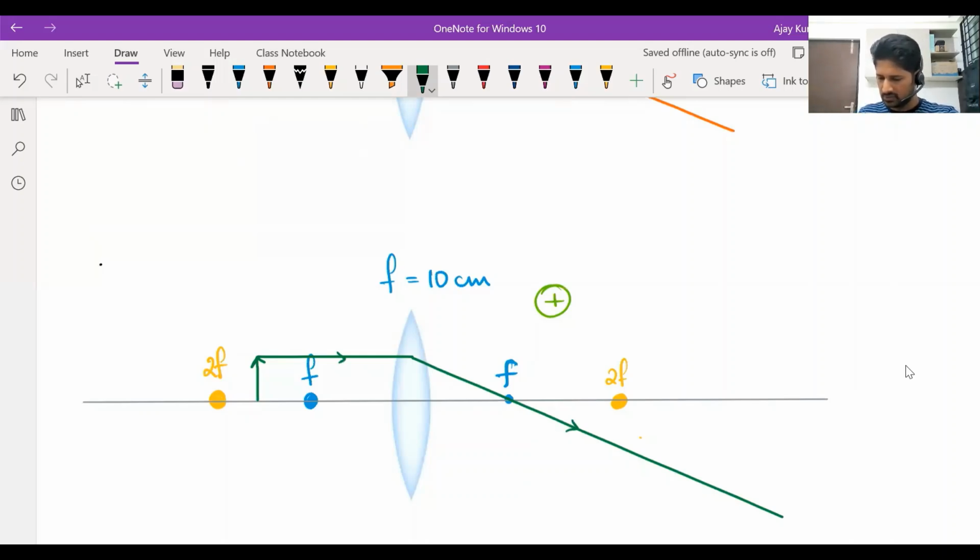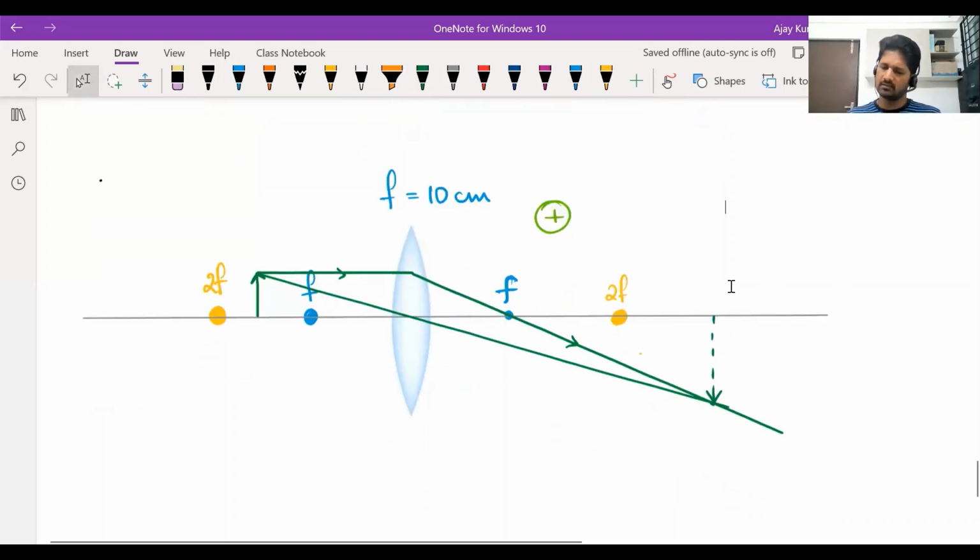Another ray goes directly through the optical center and passes without any deviation. And these two rays meet somewhere here. This is where the image forms. Enlarged image. Good, but it is inverted. Also, if you just want an enlarged image, you can use this case. You can use a convex lens and ensure the object is between F and 2F. Then you will get the image on this side.